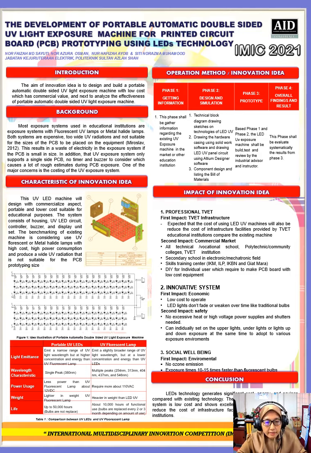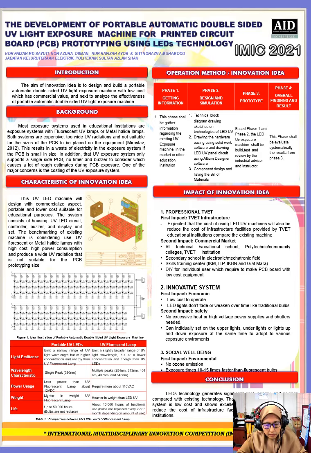For the wavelength characteristic, the portable UV LED has a single peak of wavelength, and the UV fluorescent lamp has multiple peaks of wavelength. For power usage, the portable UV LED is better, using less power, about 12 volt DC, while the UV fluorescent lamp requires more power, about 110 volt AC.